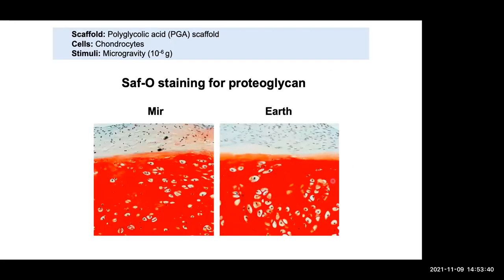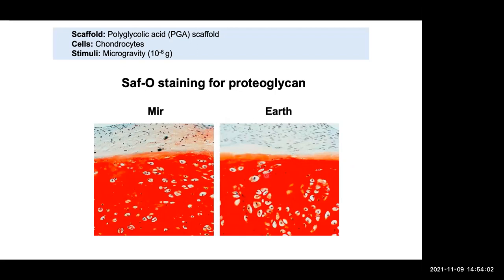Okay, the outcome, what does it look like? The culture tissue on Earth looks like this. So they can secrete the extracellular matrix, which is the red one here. Pretty much the same on the Mir space station. But the thing that I can detect here is the shape of the chondrocyte, and you will see it too.